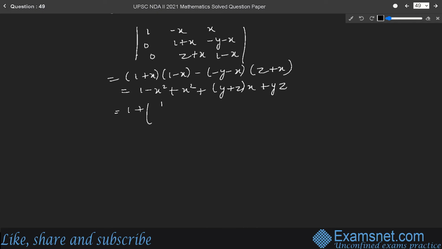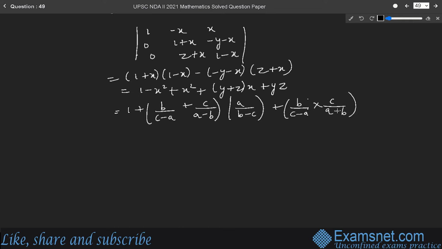1 plus b upon c minus a plus c upon a minus b into a upon b minus c plus b upon c minus a into c upon a minus b. We have just put the values of x, y and z here.